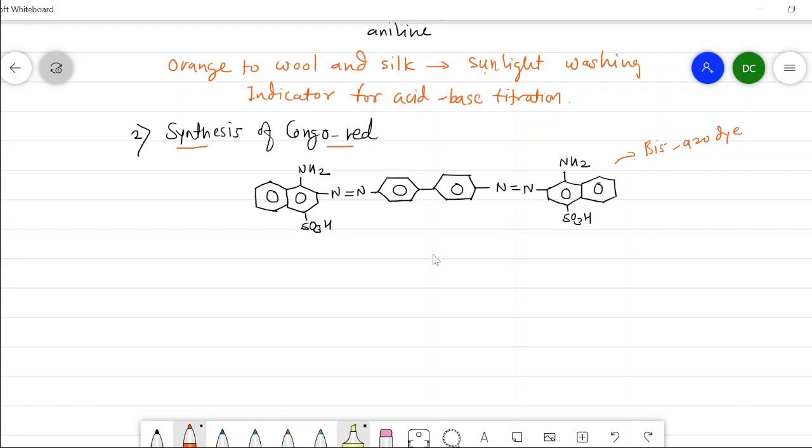Now, look at the ring which is attached to this nitrogen. This ring and this ring, they are the same, and it possesses an NH2 group. We know that the NH2 group is electron releasing. Therefore, this part and this part are nothing but the reactive aromatic compound, and we call it a coupling agent.